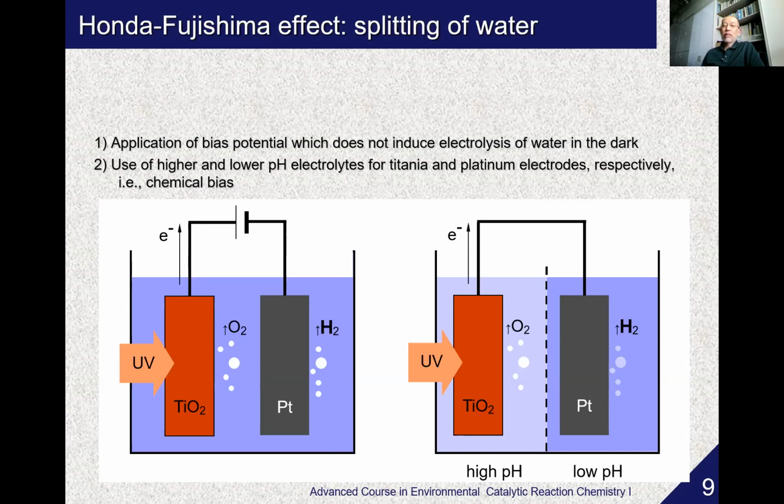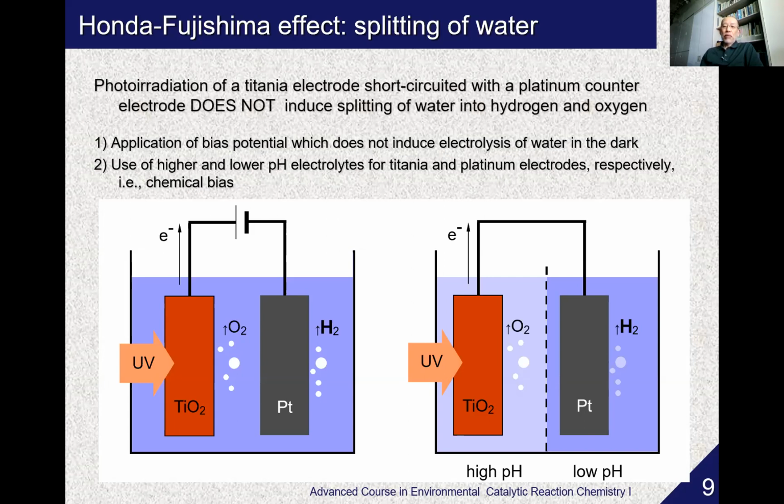That is the same as the application of a bias voltage, so this is called the chemical bias. And the results reported in this paper show that this bias application, electric bias or chemical bias, is necessary to drive this reaction.